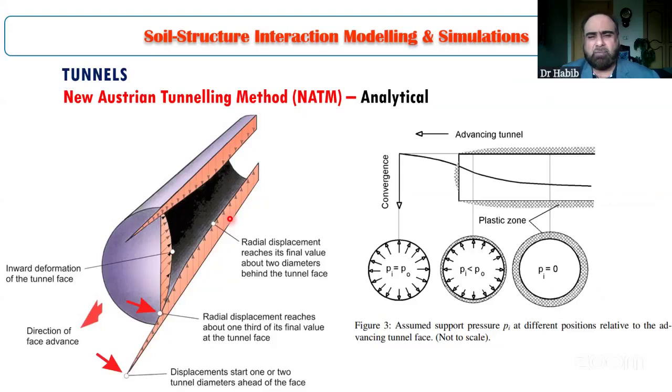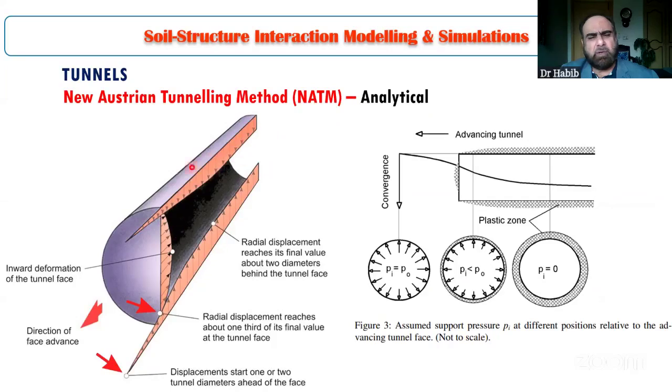Definitely, these models will groom and grow with the input of more precise experience. So basically, it's an analytical model. Now the convergence of the tunnel as we do the excavation and installation of bolts, anchors, or shotcreting.